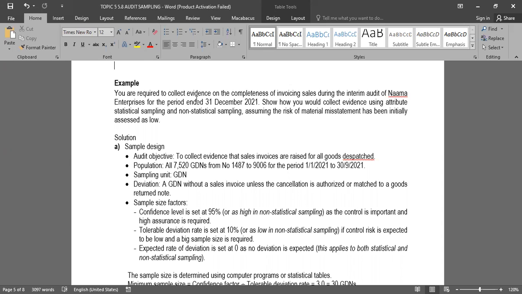As you come up with a sample design, you want to be sure that the audit objective is achieved, as you're going to see in this case. Through achieving the audit objective, you come up with the population. From the population, we come up with a sampling unit, which clearly helps us know what the deviation or the deficiency or the problem or the error is.